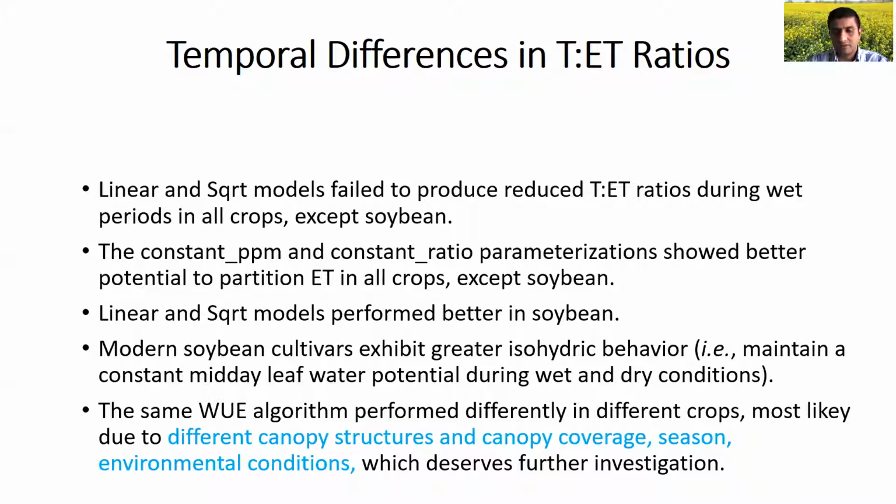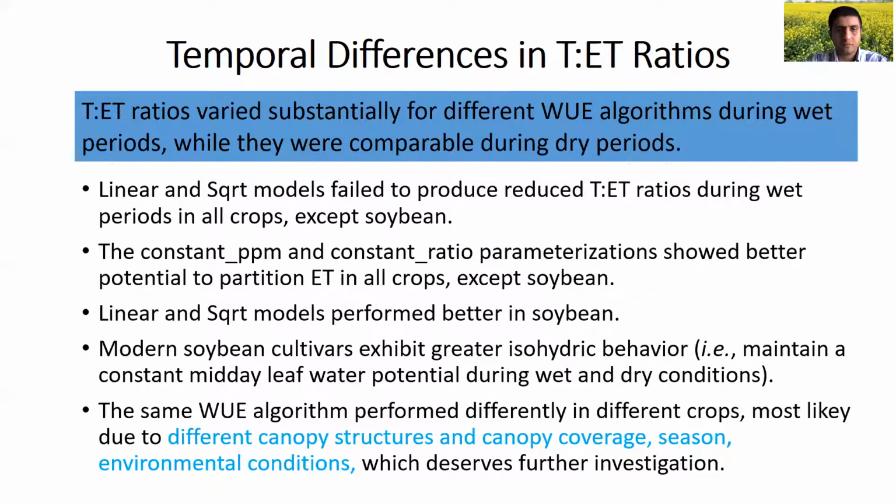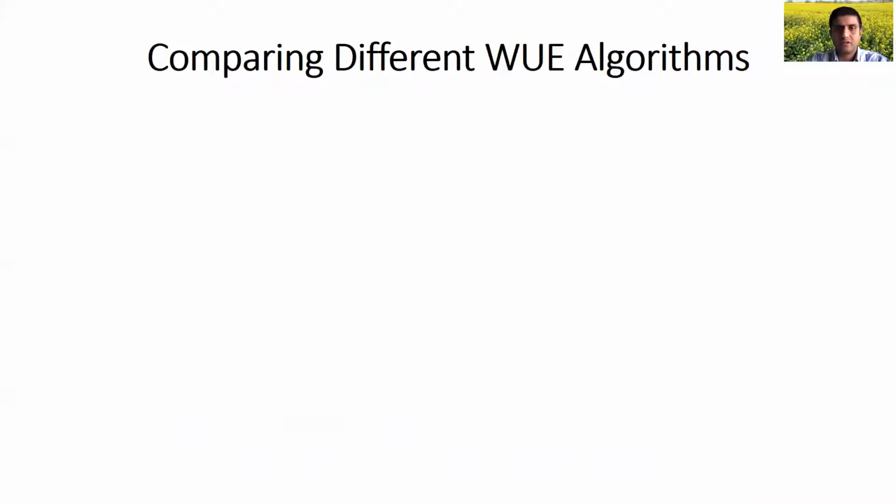So this type of study to evaluate these different factors requires further investigation. T and ET ratios varied substantially for different water use efficiency algorithms during wet periods, but they were comparable during dry periods.